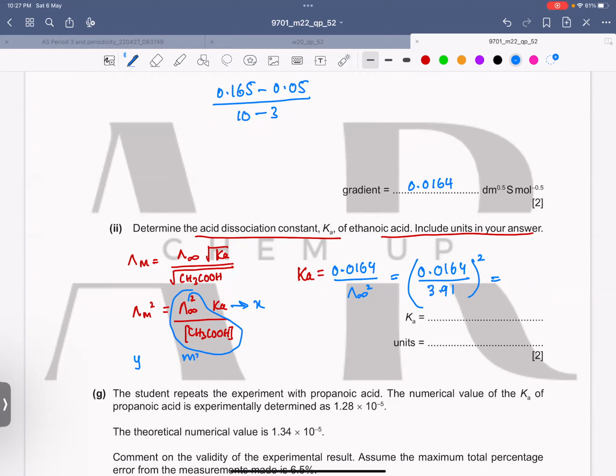That way the gradient basically becomes m square, so it must be squared as well. 1.77 exponent -5. Okay, so the value of Ka is 1.77 exponent -5.